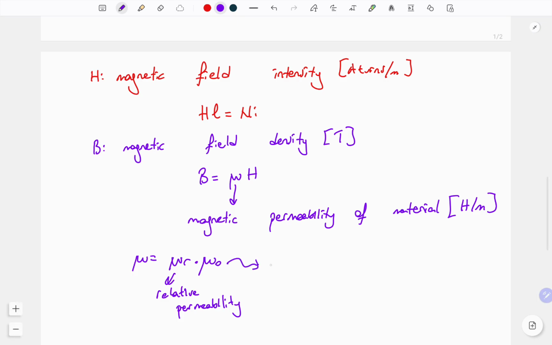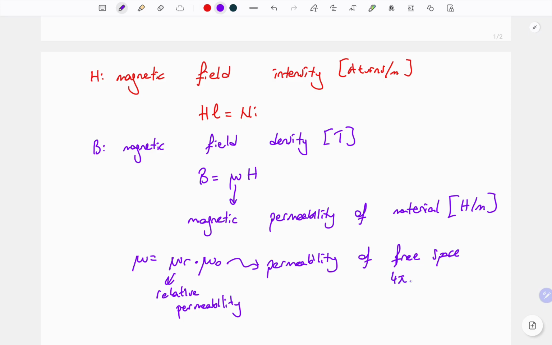Mu zero shows the permeability of free space. And because of the relative term, mu r is a dimensionless parameter. For the free space permeability, we again have the Henry per meter unit.